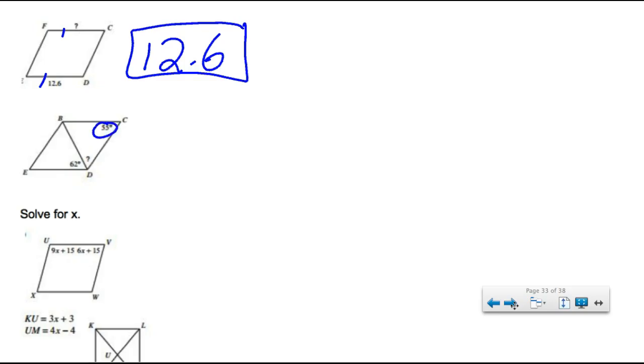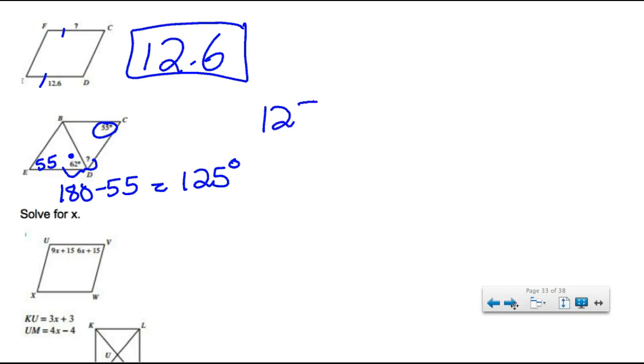So on the next one, what's question mark? Well, I know this is 55 and this is 55. I told you that the neighboring angles add up to 180. So that angle in there at angle D, the one being cut in half, is going to equal 125 degrees. Well, I've already used up 62 degrees in the bottom left part of it right here.